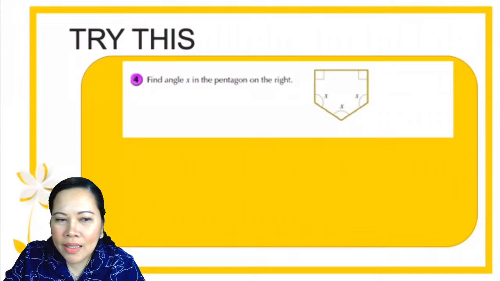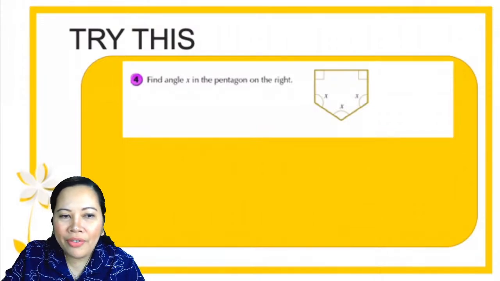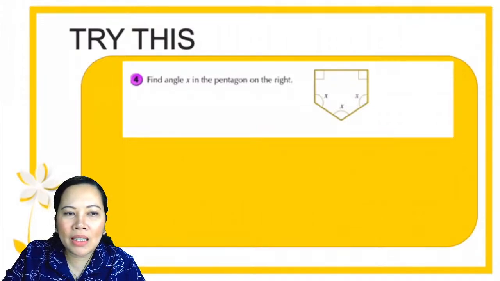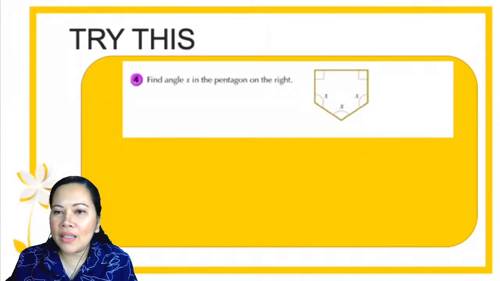Sum is 540. Maha Blanca, someone is calculating it very fast.